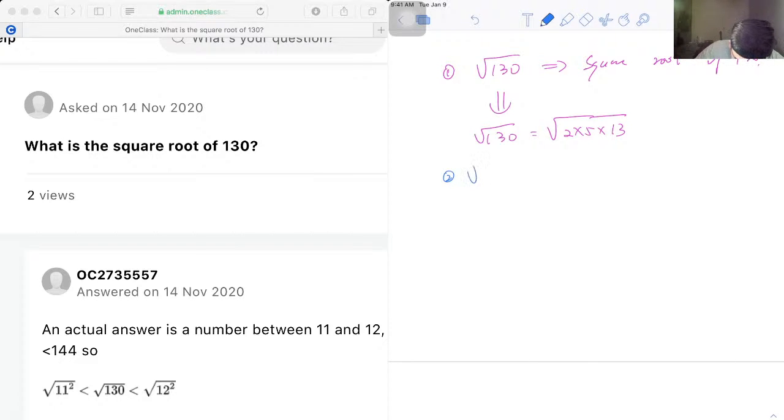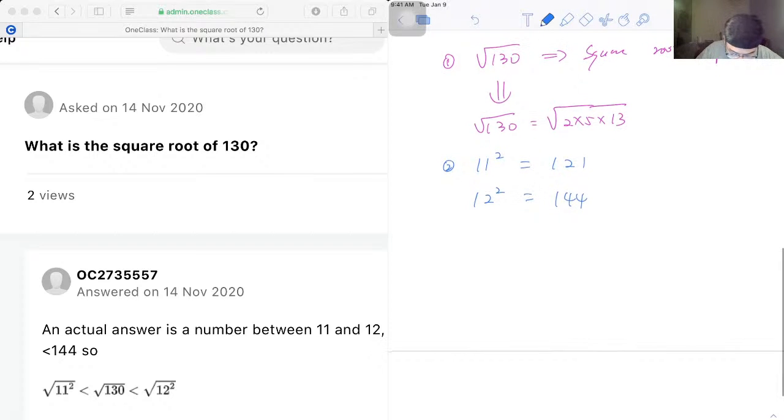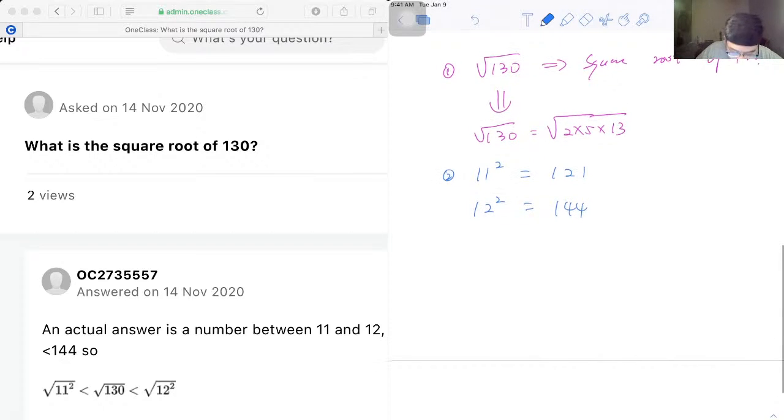We know that the square of 11 is equal to 121, and the square of 12 is 144.